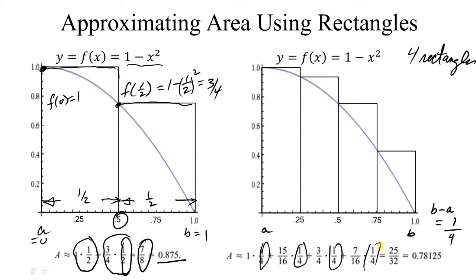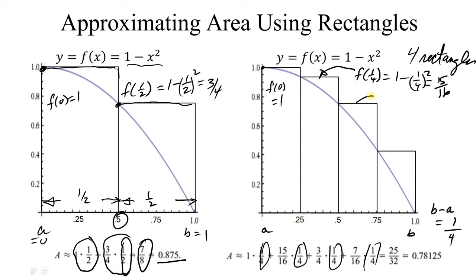The height of the first rectangle, again, is just F at 0 equal 1. The height of the second rectangle is going to be F at 1/4, which is just 1 minus 1/4 squared, equal to 15/16.